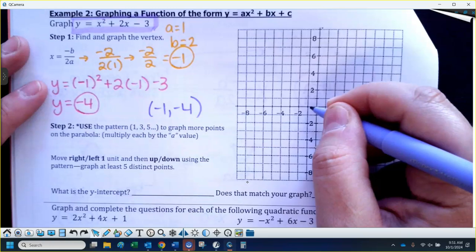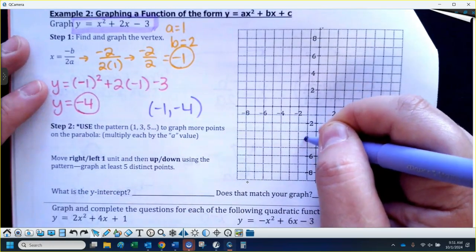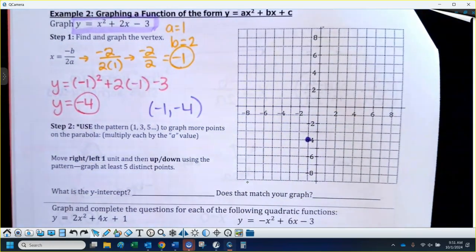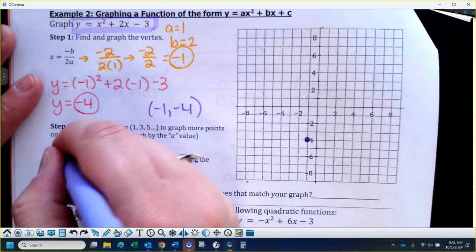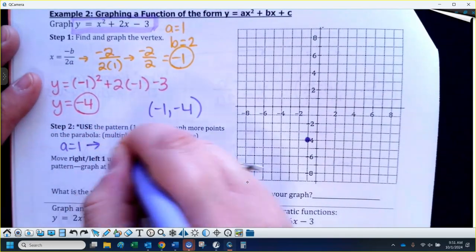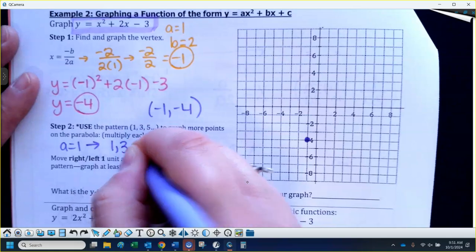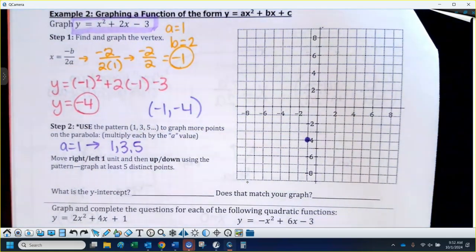So let me come over here. I'm just going to plot the point -1, -4, be right there. And if my A value is 1, then we can just use that 1, 3, 5 pattern. Remember, that's the relationship between the perfect squares. So if we're working with the quadratic, that relationship exists between the points. You add 1, you add 3, you add 5 between the perfect squares.